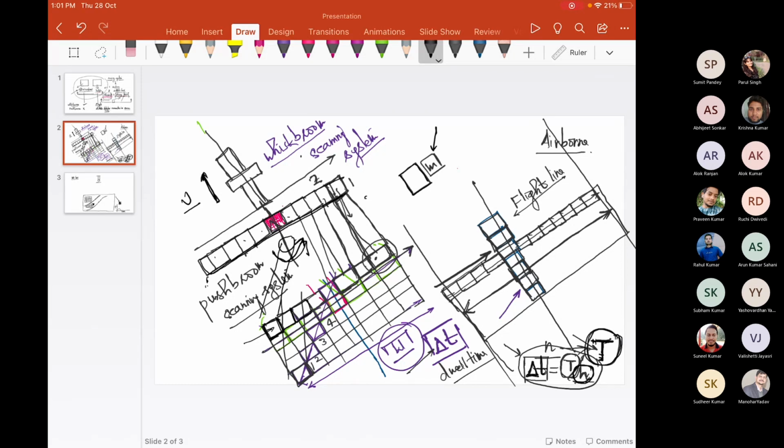Okay. Now, how can it be quantified using mathematics?